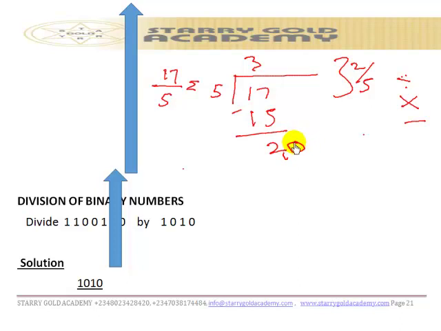The moment I add the 0, I put my decimal point. Do not forget, the moment you put that 0, you put the decimal point. 5 in 20 is 4. 4 times 5 is 20. Then subtract. So we divided, multiplied, then subtracted. In decimal, your answer is 3.4.